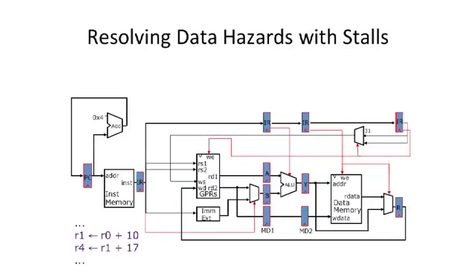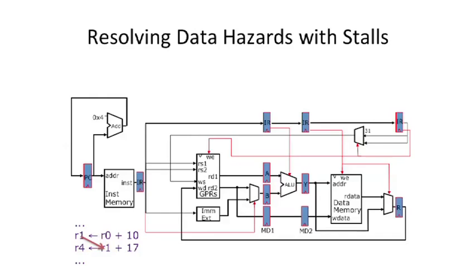OK, so let's resolve some data hazards and look at how we would actually do this on our simplified pipeline here. We're going to use the same example case: we have 2 adds, and we have a dependence through register 1. The first thing to realize is where we need to stall the pipeline, or stop or interlock the pipeline.